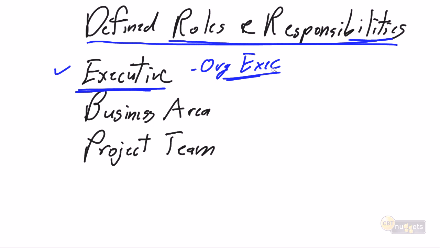If you're a relatively small business, self-contained in a single location, chances are we would be going to the top of the house and expecting our president or our CEO or CXO to be directly involved with our project, because they are the people with the power and authority to make decisions on behalf of the organization.